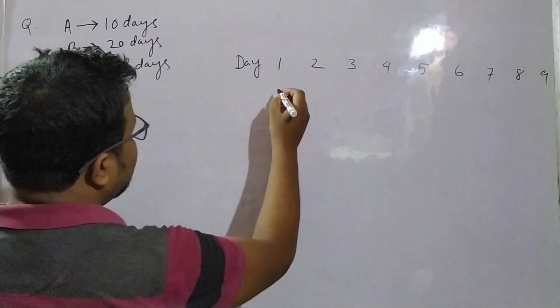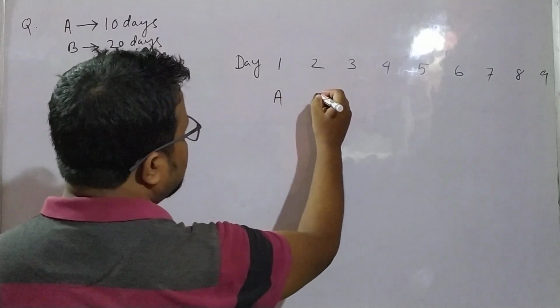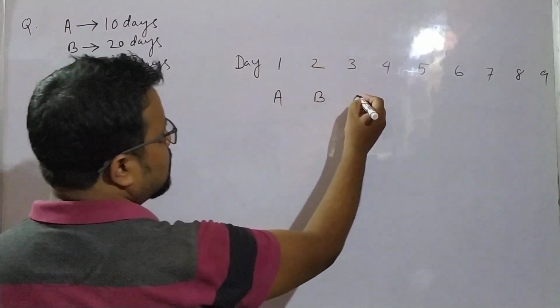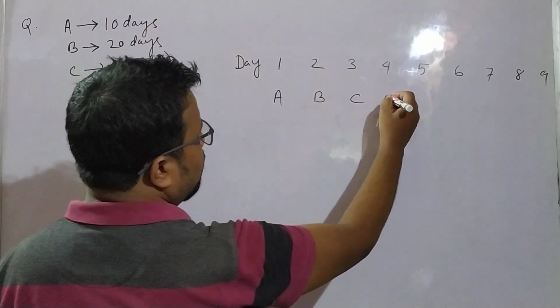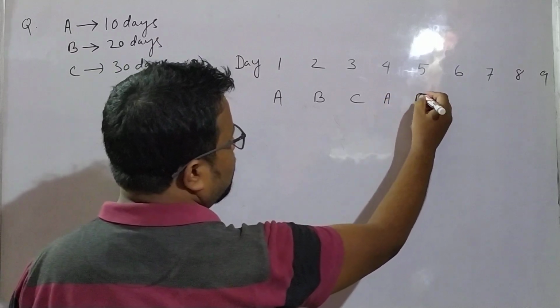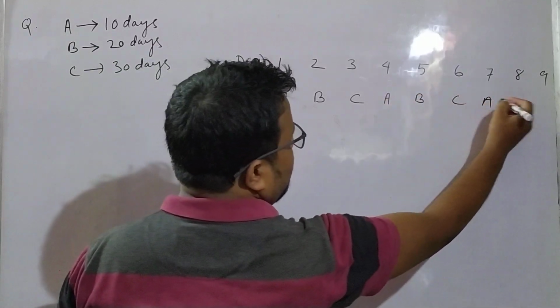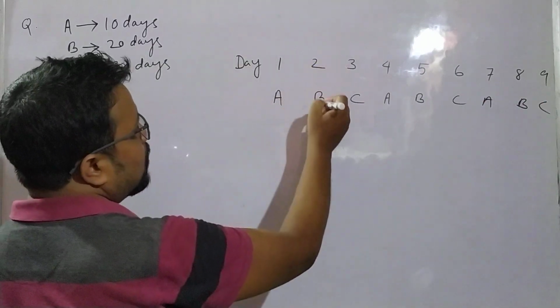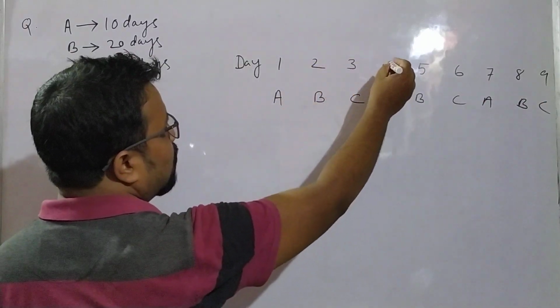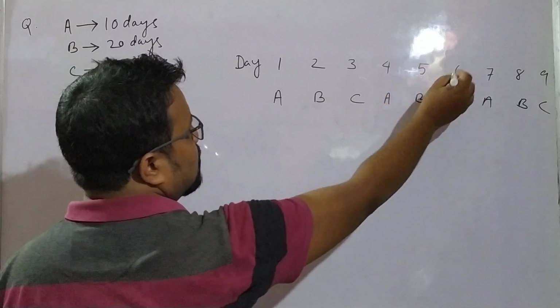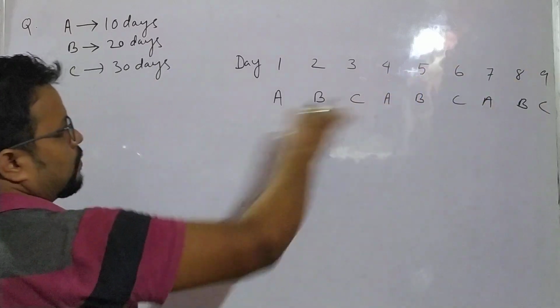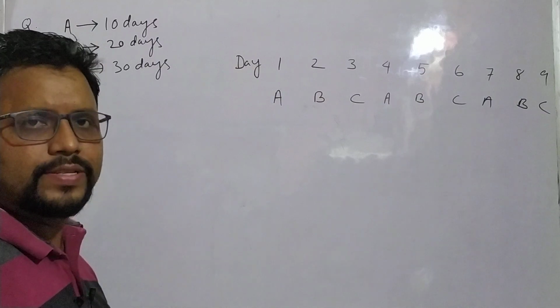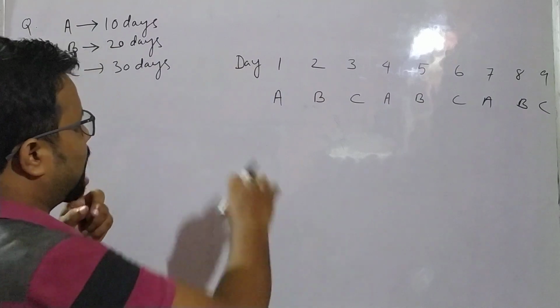So the first day A is working, next day B is working, next day C is working, again the fourth day A is working, fifth day B, C, A, B, C. They are working in rotation like this.